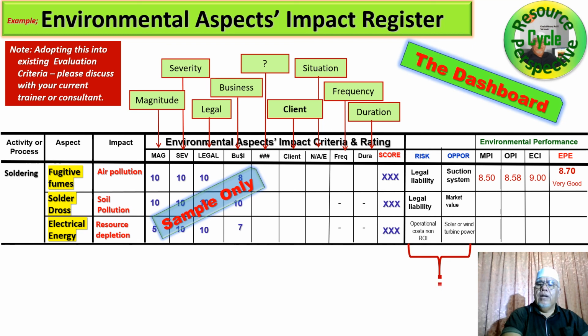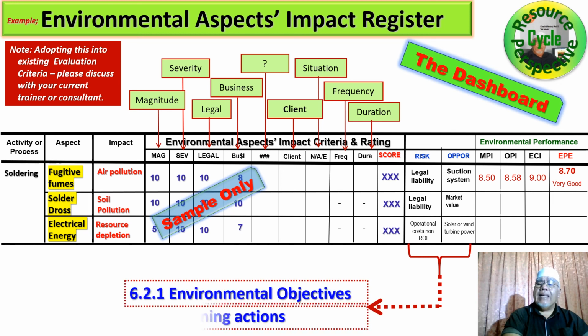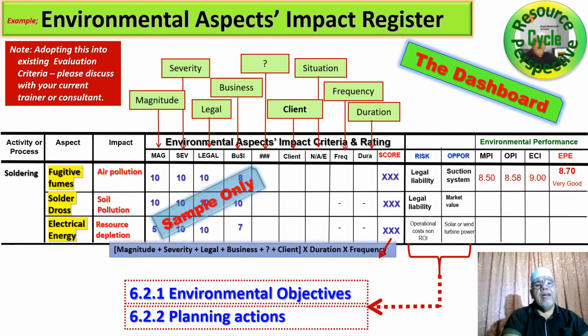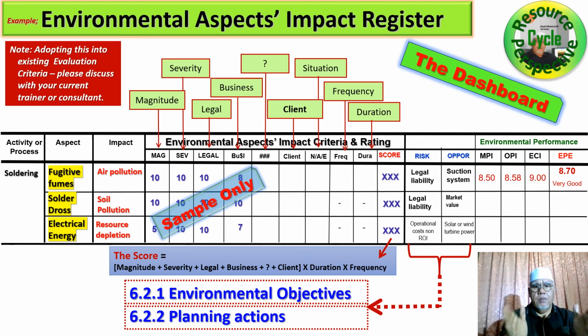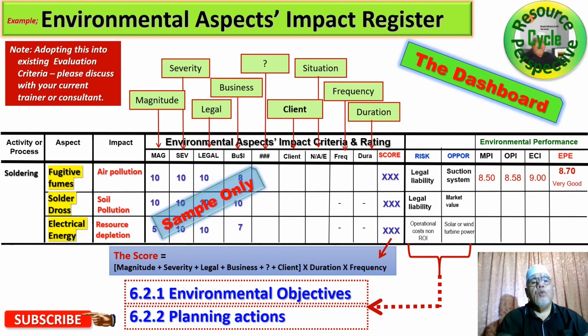Once those environmental aspects have been identified and their associated environmental impact has also been identified, here we are, the table. This is the dashboard. Not for a Bugatti Veyron or a BMW S1000RR, but this is for our environmental management system. What have we here? Simple.